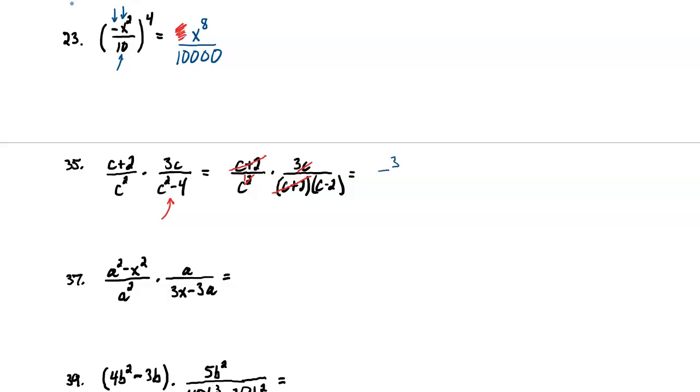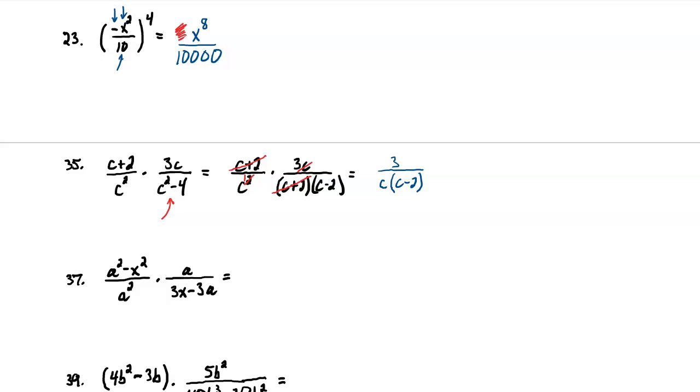There's a 3 in the top. In the bottom, there's a c followed by, in parentheses, the binomial c minus 2. You probably noticed that this is combining together our recent topic about multiplying fractions with the first topic in Chapter 6 about simplifying fractions by factoring them and canceling.